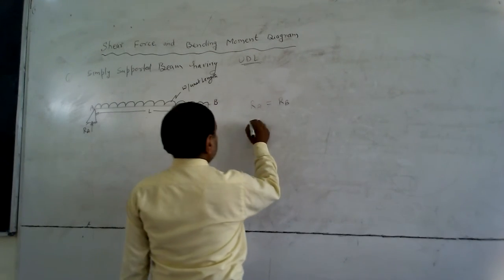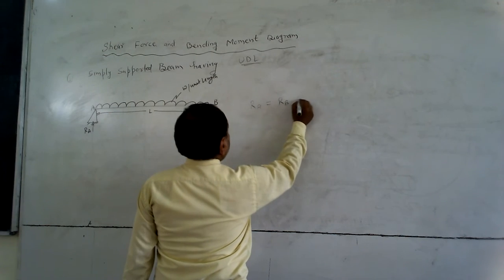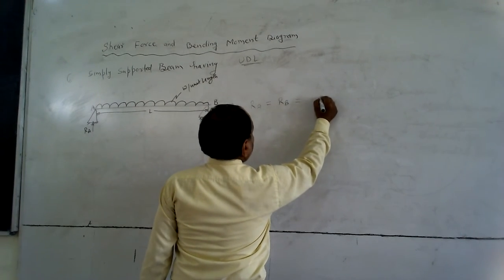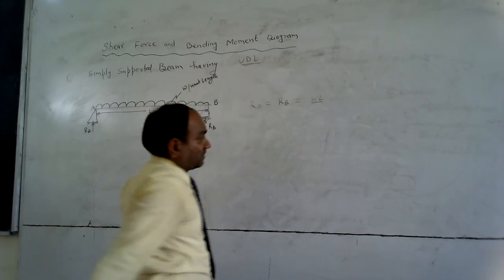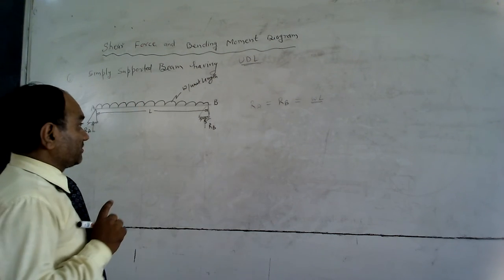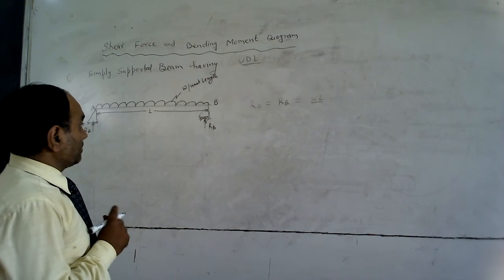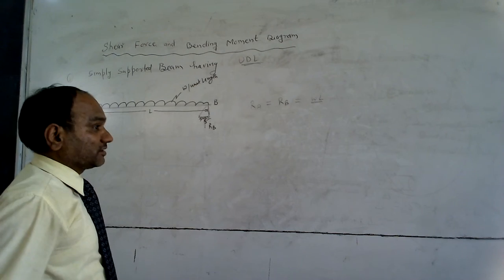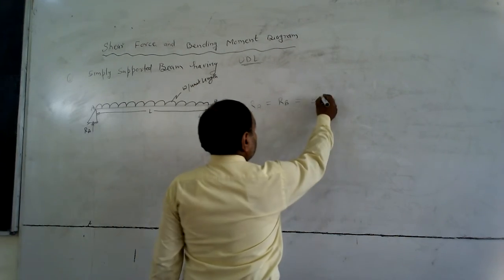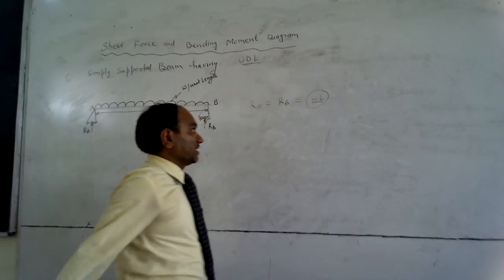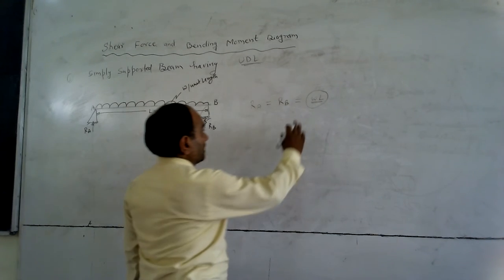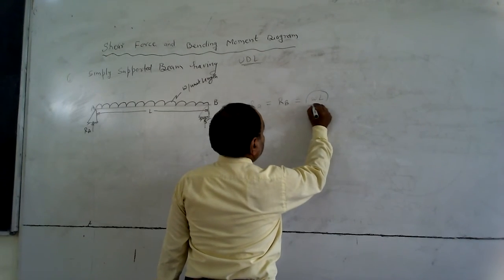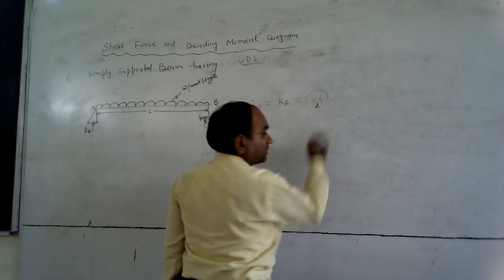RA equal to RB. Here w is the weight per unit length. The total length of this beam is L, so the total load on this beam is wL. So RA equal to RB equal to wL by 2. It is equally divided.